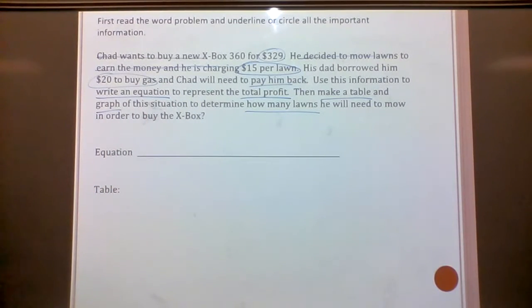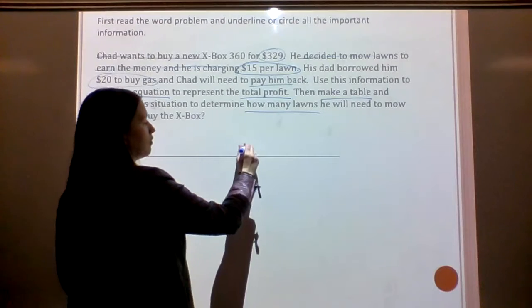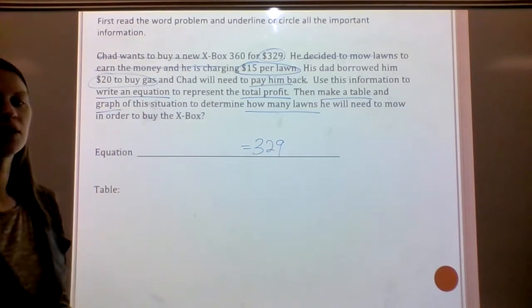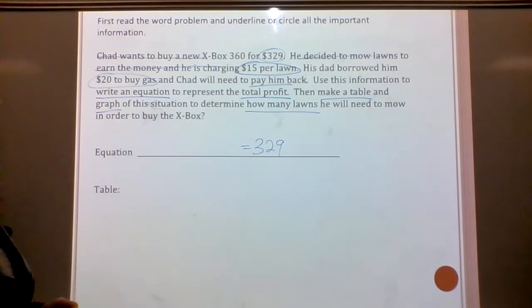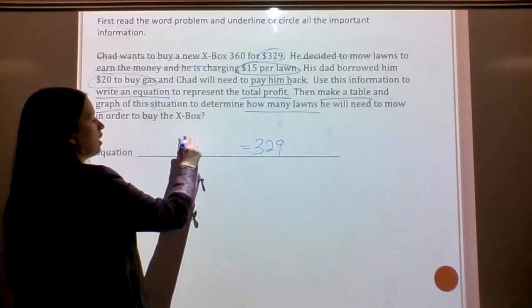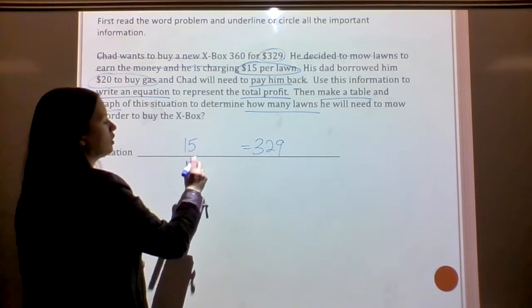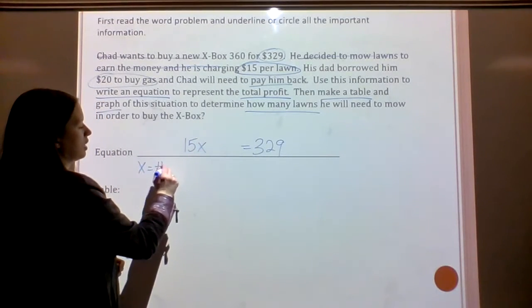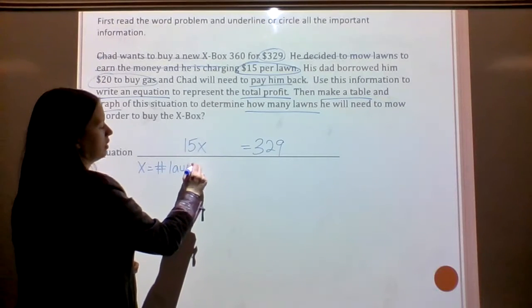So starting with the equation, we know he needs to make $329. So whatever we do needs to add up to $329. We know he's charging $15 for every lawn. So I'm going to use X. I'm going to have X equals the number of lawns.